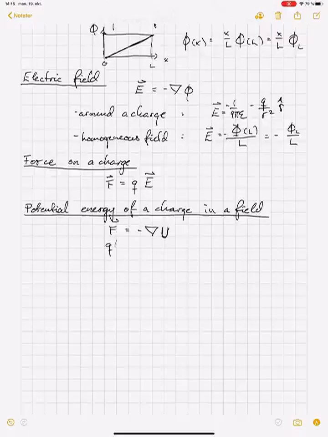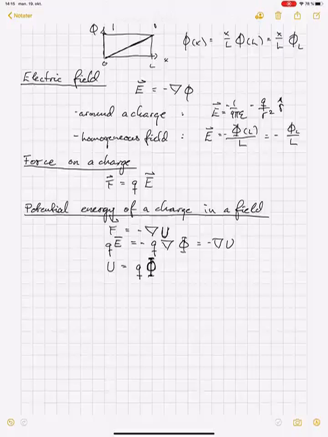So QE equals minus Q times the gradient of the potential, which equals minus the gradient of U. So from this we clearly see that we can express the potential energy as simply the charge times the electric potential.